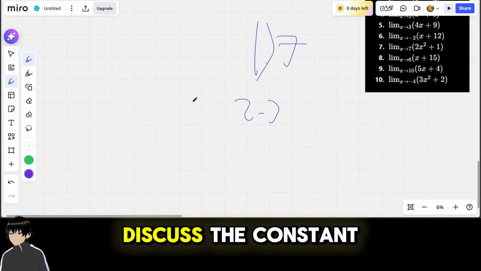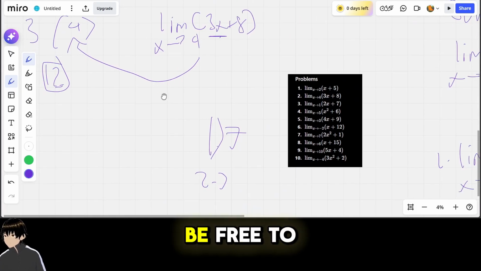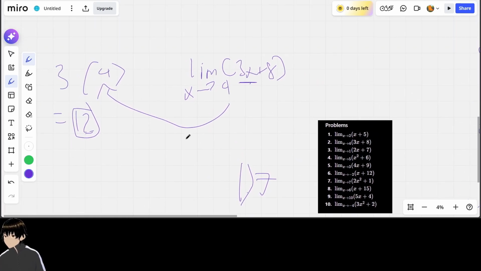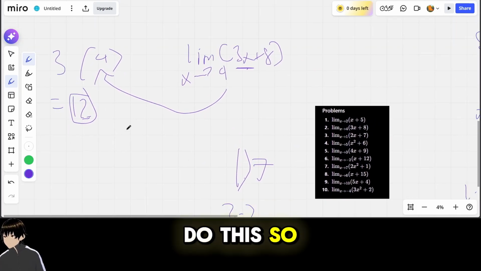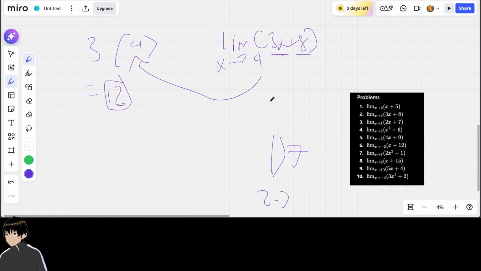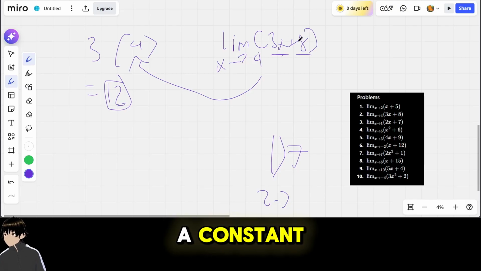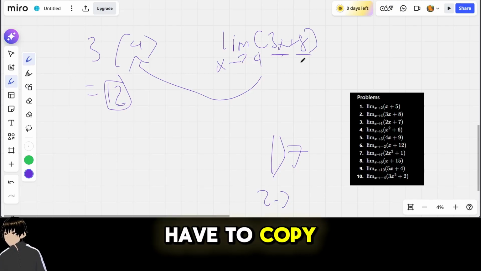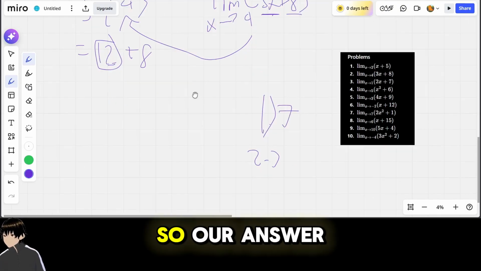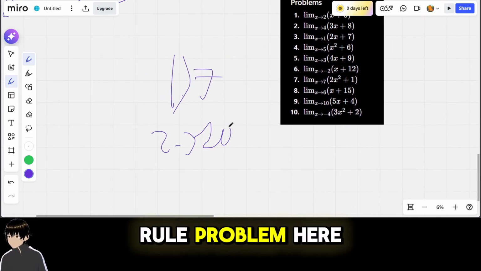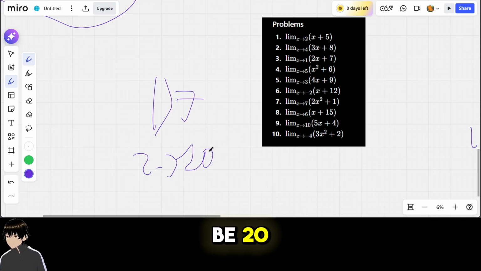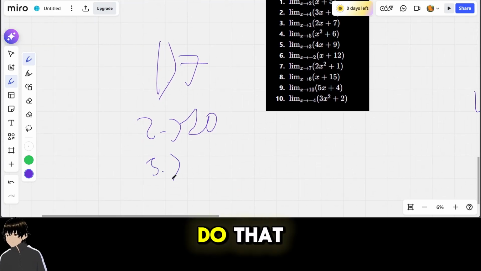Now that we discussed the constant multiple rule, we can do this. So 12 is a constant, plus the positive 8 is a constant. So you just copy 12 plus 8, 20. So our answer for our sum rule problem here is going to be 20.